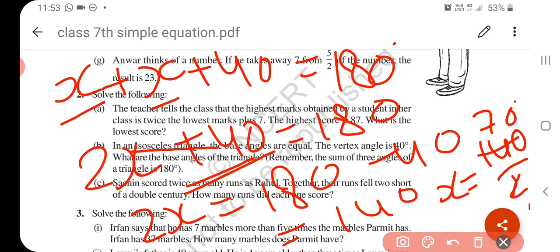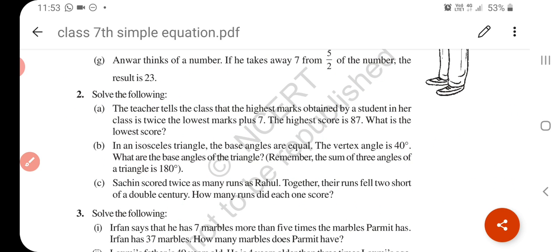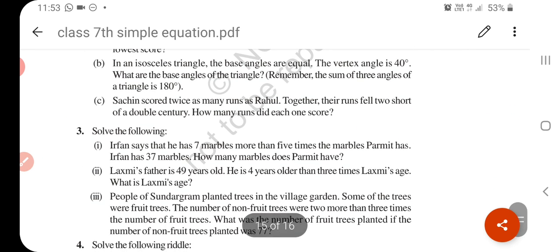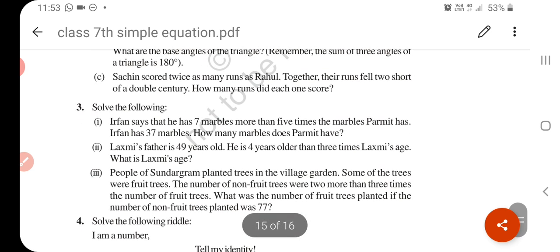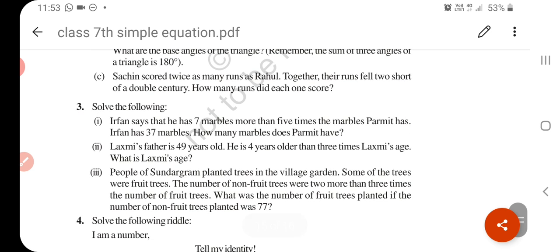Understand? Okay, so the last one, do by yourself. Question number 3 is, Irfan says that he has 7 marbles more than 5 times the marbles Parmeet has, and Irfan has 37 marbles.